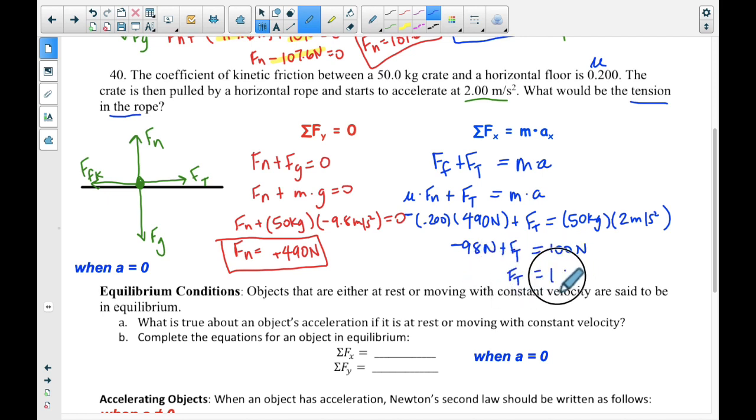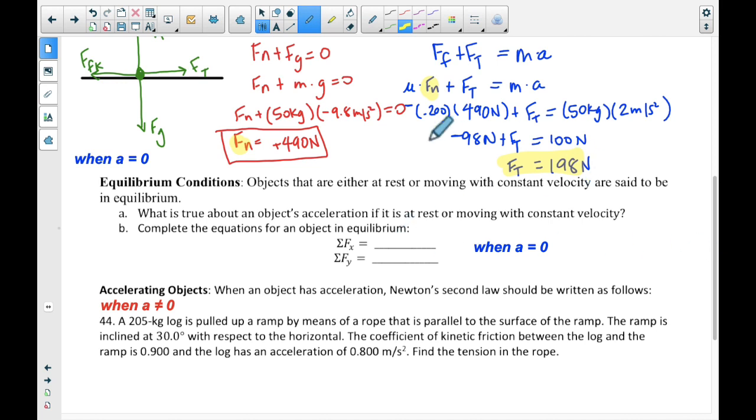And so when I add that to the other side, I get 198 newtons. So our force of tension is 198 newtons. And I believe that was the final question, right? They asked us what would the tension be. So there's our tension. To find that tension, we had to find the normal force. So we had to look in the y direction for the normal force because this depends on the normal force. And so that was part of the equation.